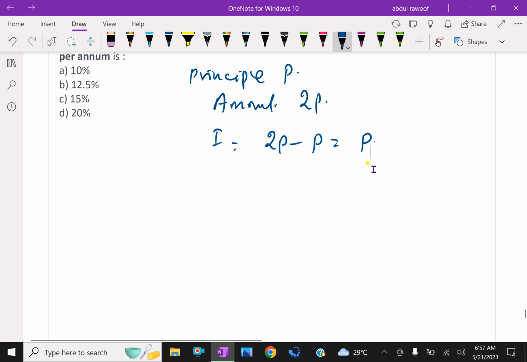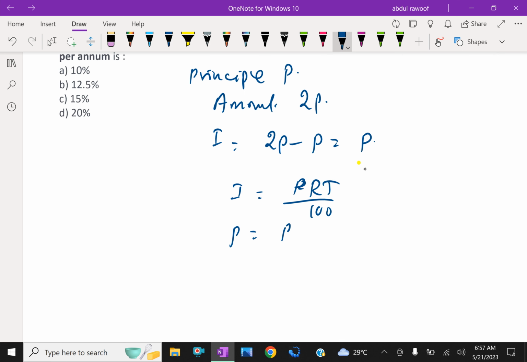Therefore, P is the principal amount, and I equals PRT upon 100.